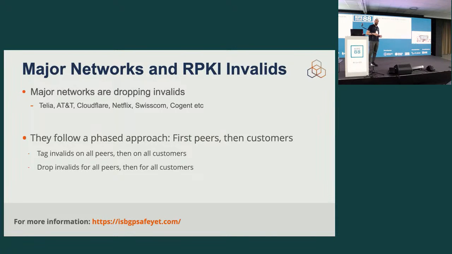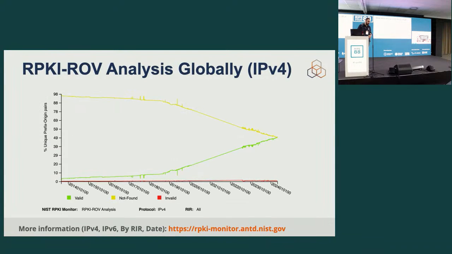Now, either you can take this approach if you want to be cautious, or you can say, you know what, I'm pretty sure that my peering sessions, everything is correct, so I'll start dropping the invalids right away, and then if something breaks, someone starts complaining, then we will fix it accordingly, right?